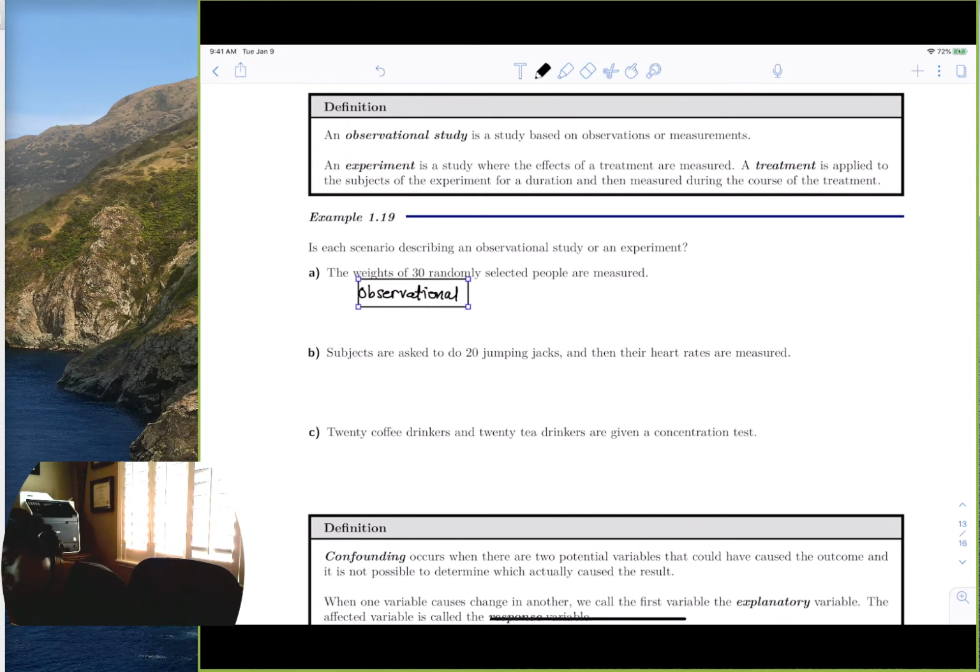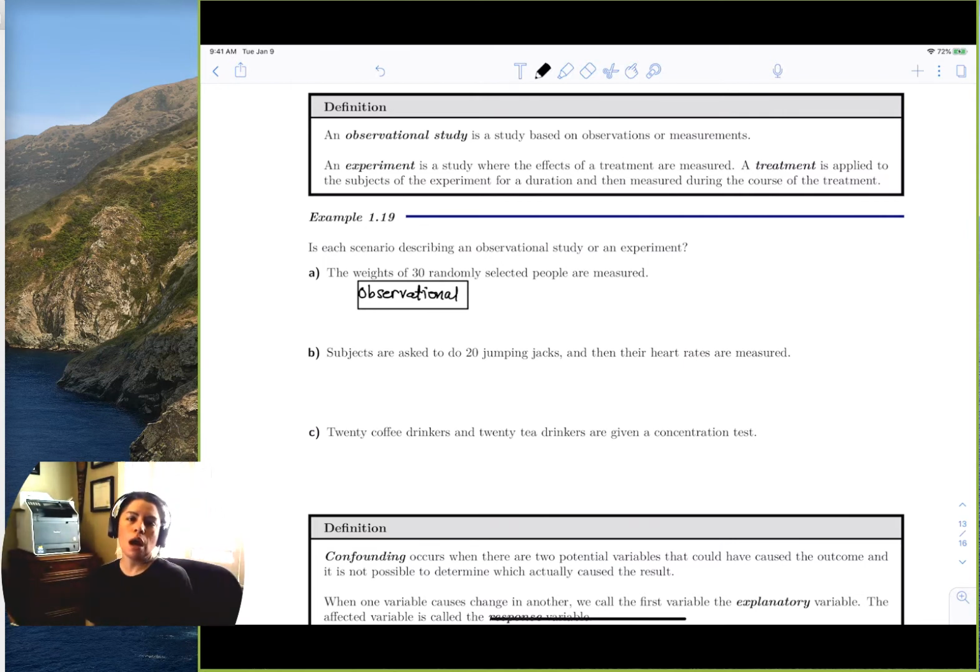Okay, part B, subjects are asked to do 20 jumping jacks and then their heart rates are measured. Did we ask the subjects to do something before I observed them or asked them a question? Yes, I asked them to do jumping jacks and then I wanted to know their heart rates.